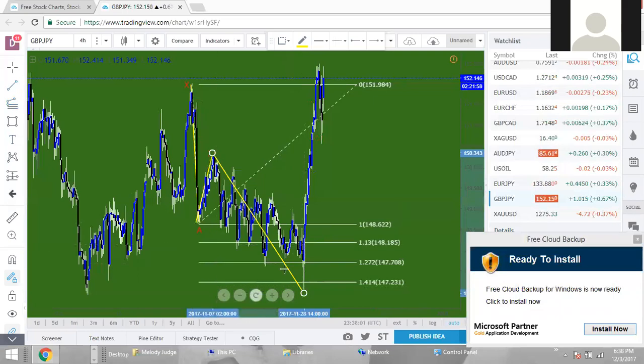Now, if price closes below this 141, the pattern would have been invalid, but it didn't. Even though it did break past the 141, we still drag it all the way down to the low for the point that we call our C leg. So we don't skip out.